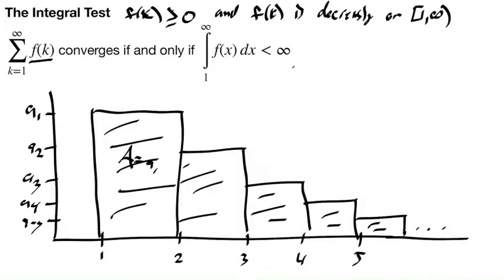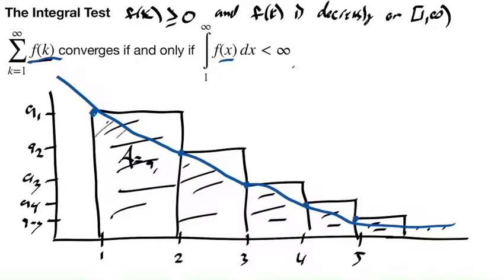Well, this gives us a nice connection to our integral. And so what you notice is that if I were to draw an integral on here, what would the integral look like? Well, it would go through all of these points because the f of x and the f of k are equal at the integer values, but because it's decreasing, our integral would be going downward, and it would look something like this.